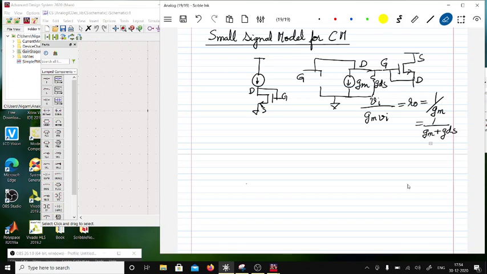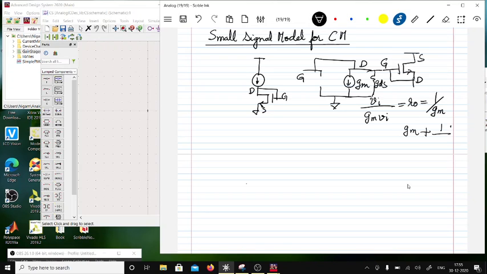1 over GM is the resistance. Okay, so right now we have a parallel combination, right? So the net conductance will be GM plus GDS.